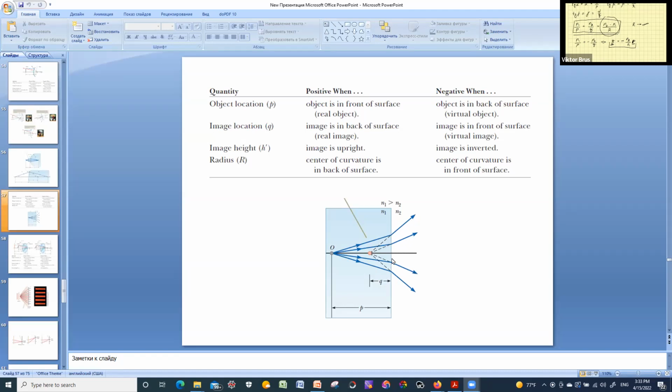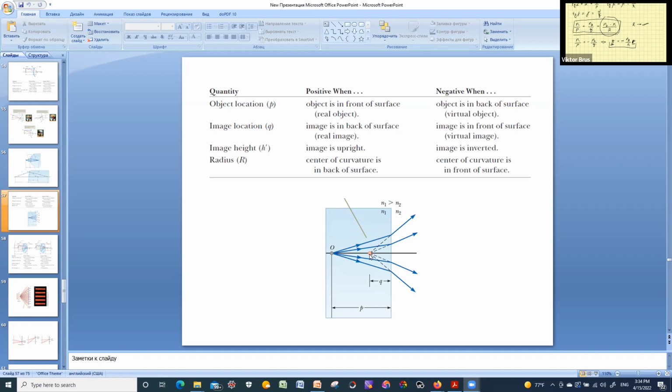In this case, the refracted rays do not pass through the image point, but if we extrapolate these refracted rays, they appear to converge from this image point, which is located on the same side, the left side of the interface, as the object. So that is the condition for forming an image by refraction at a flat interface.